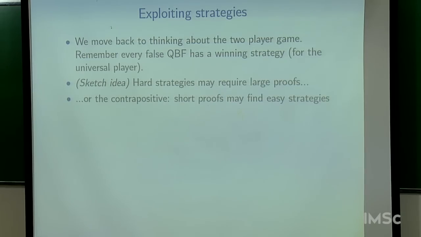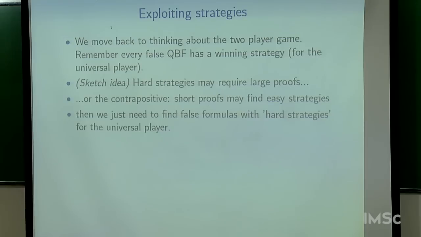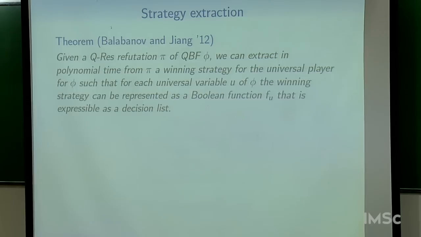The contrapositive is that for short proofs, we may be able to find easy strategies, so some sort of strategy extraction. We then just need to find some false formulas with these hard strategies for the universal player. So we're looking at strategy extraction now.